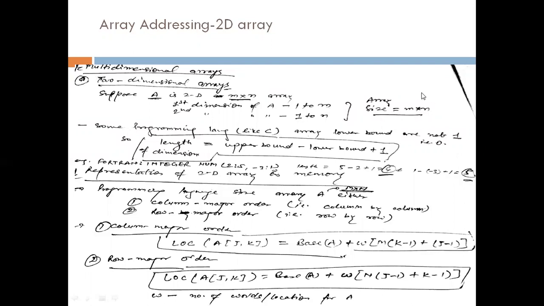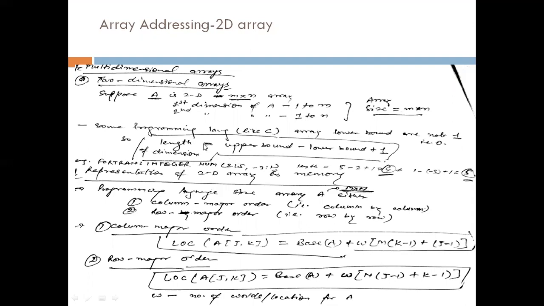So m cross n elements will be stored in this array. Some programming languages like C have lower bound 0, not 1, but Fortran or Pascal have lower bound 1. So different programming languages may have different lower and upper bounds.